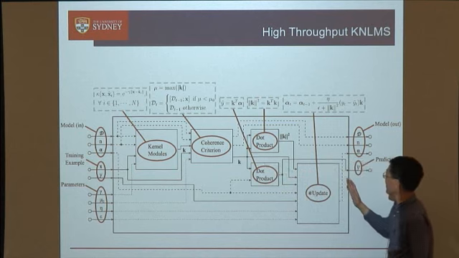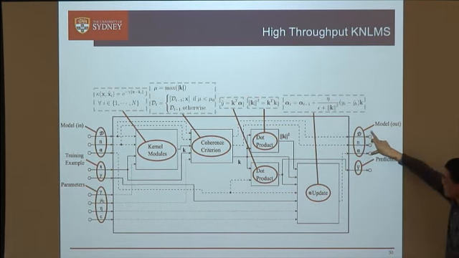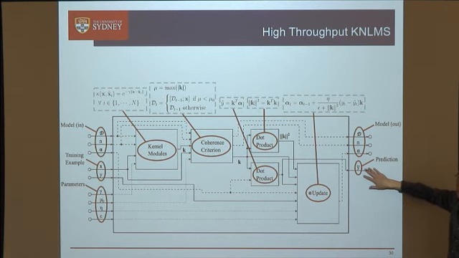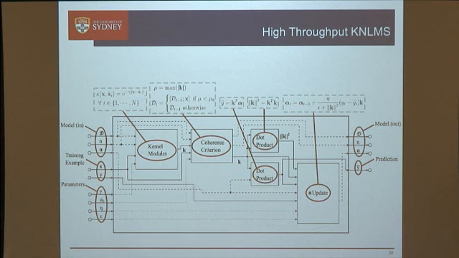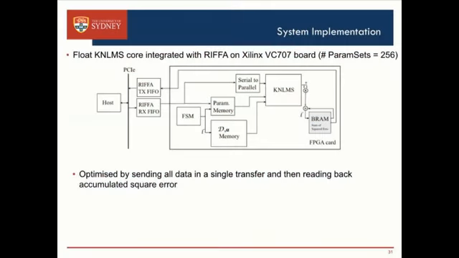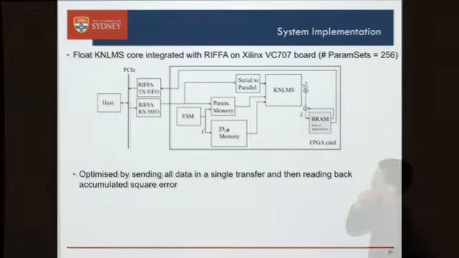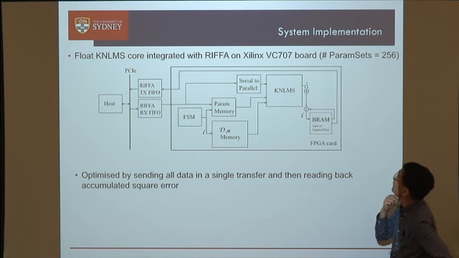That will propagate through this 200-stage pipeline, and we will get an updated model here, we'll get our prediction here, and then we had some other logic to connect everything up together. We integrated it with Reefer on a PCIe board.